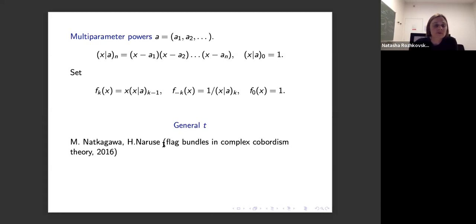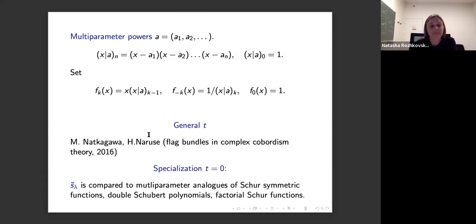For example, these two Japanese mathematicians have Hall-Littlewood polynomials for general t related to these ones, in their computations for complex cobordism theory. I just want to say that they appear in papers which are a completely different kind of story.